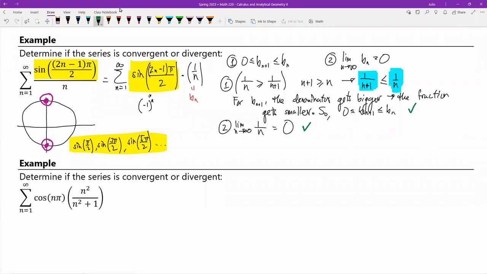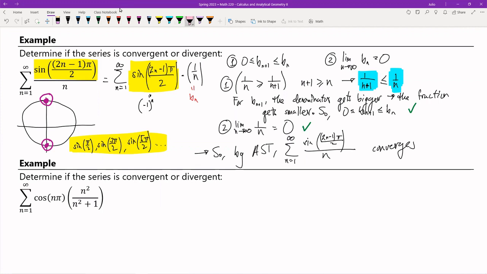That's from Calc 1. So that's all I needed. So therefore, by the alternating series test, our original sum, let me write the sum right, the sum n equals 1 to infinity of sine of (2n minus 1) pi over 2, divided by n, converges.